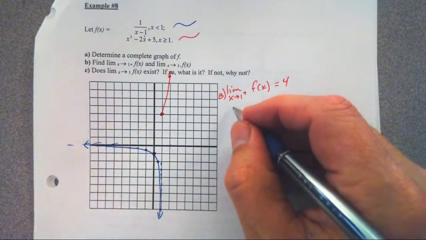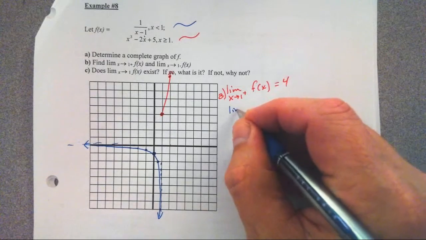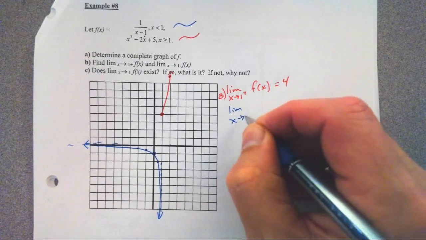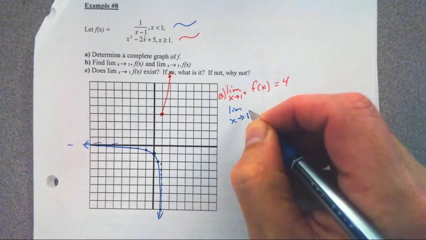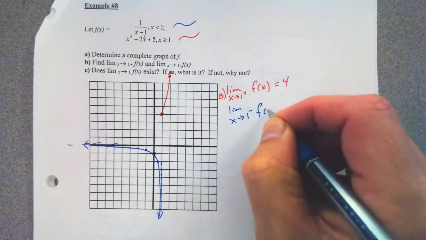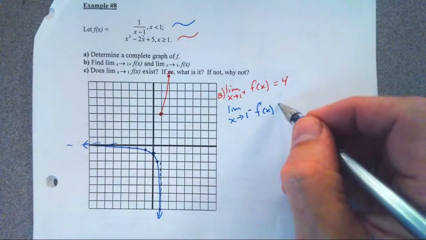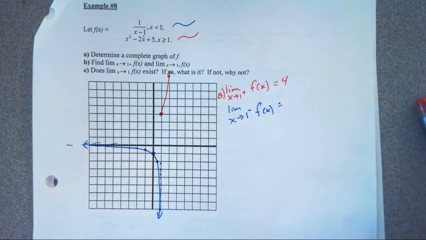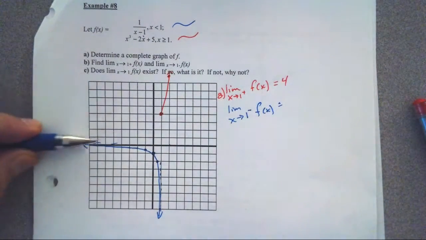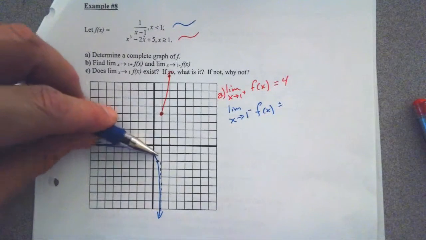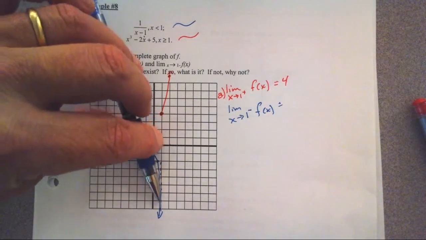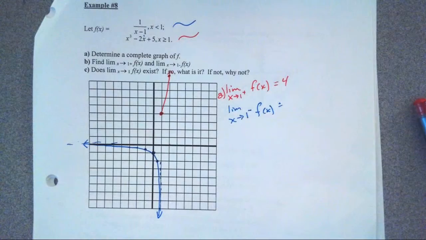Then we are to find, also part of A, the limit as x approaches 1 from the left of f of x. So now I'm approaching 1 this way, and all of a sudden, I'm heading down to negative infinity.